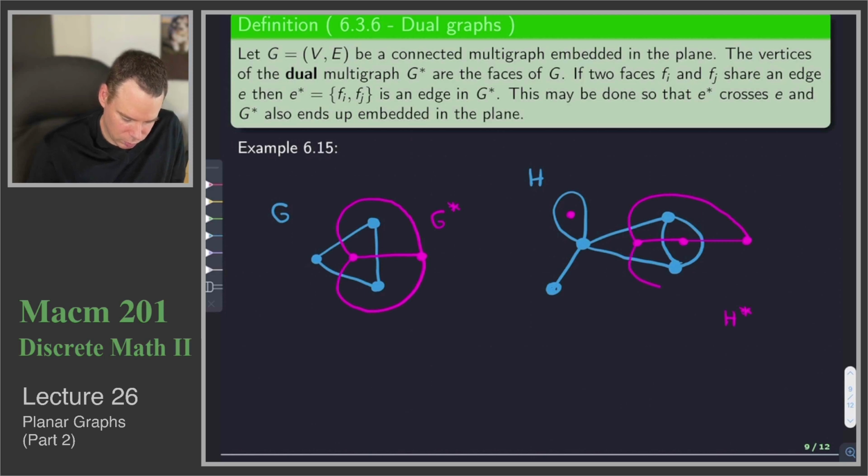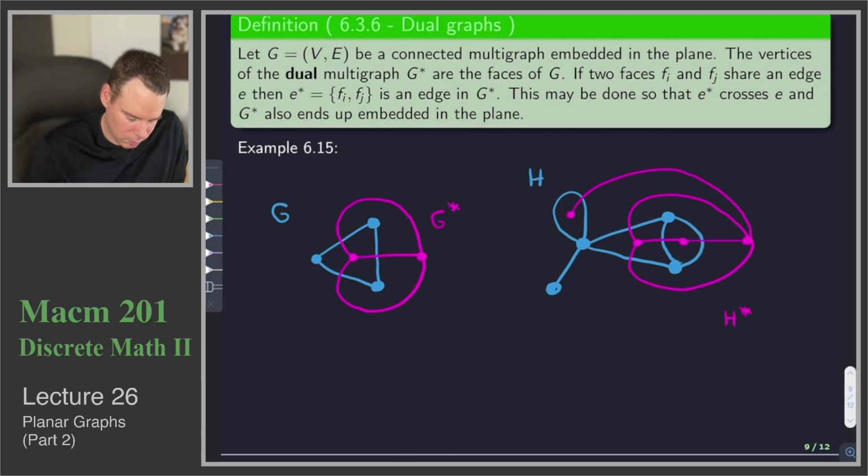This edge is the one separating these 2 vertices. So all I'm doing is making sure that I cross every edge. So for every edge in the original, I'm going to introduce an edge in the dual that connects the 2 vertices on either side of that edge. So the 2 faces on either side. So then I'm going to have to connect it by an edge.